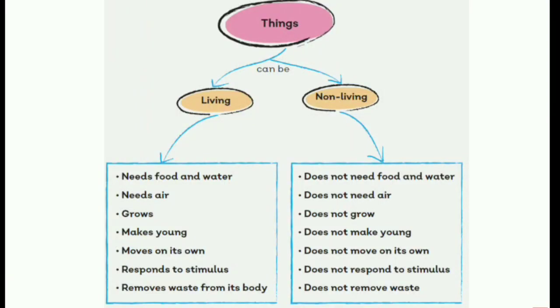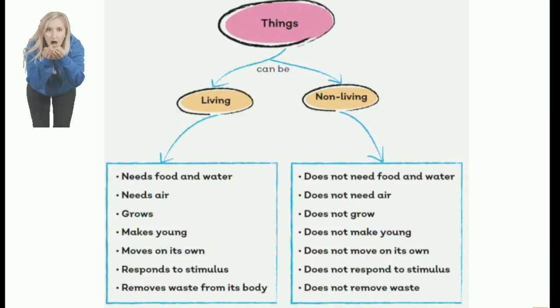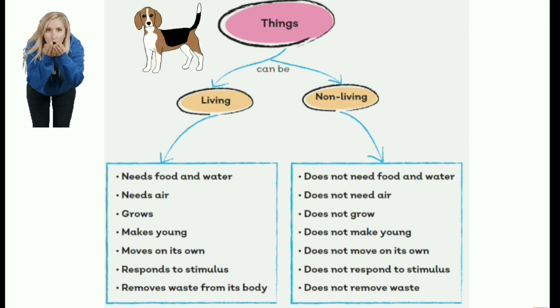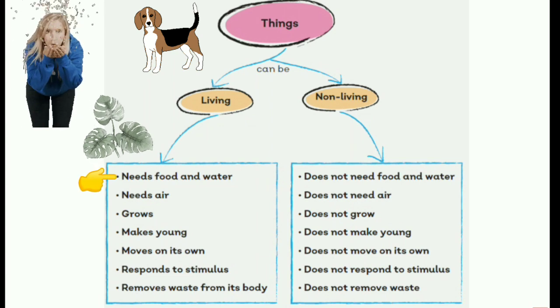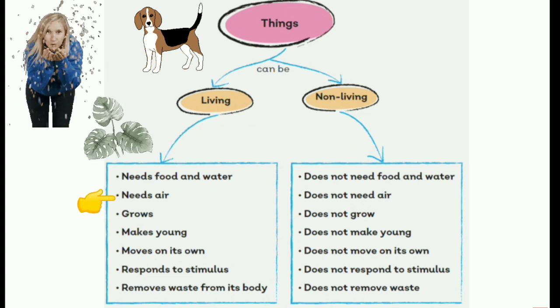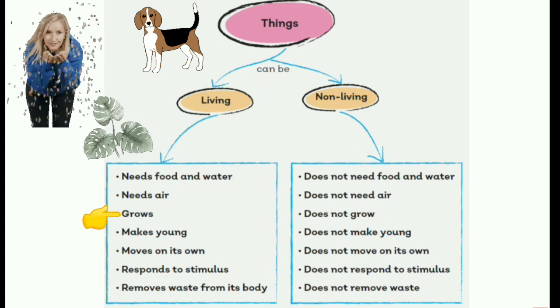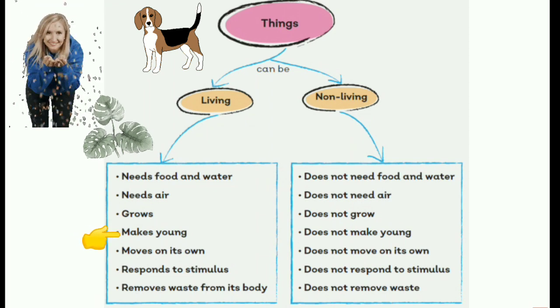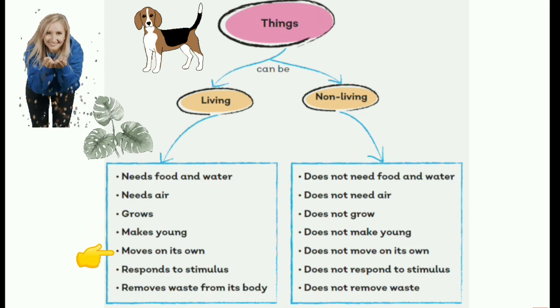When something is living, like people, animals, and plants, they need the following things. They need food and water. They need air. They can grow. They can make babies. They can move on their own. They respond to stimuli and they remove waste from their body, like they go to the toilet.